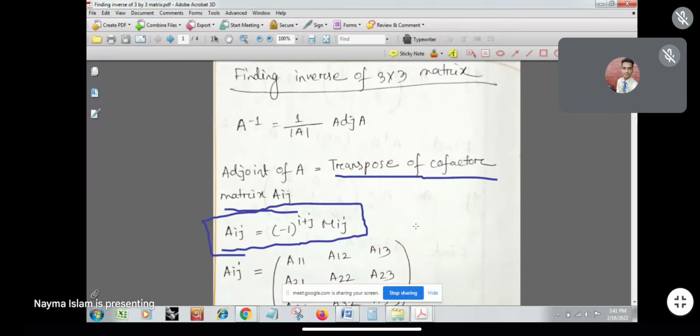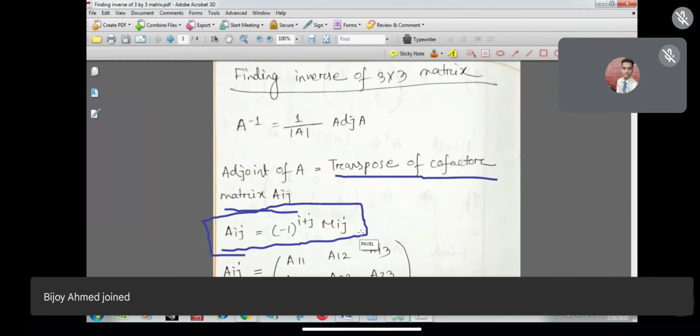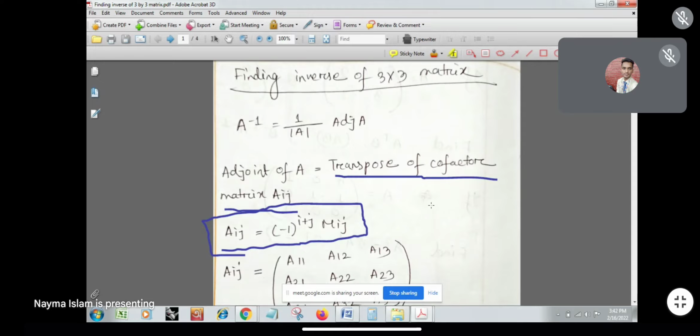Can you say the equation again, ma'am? It's already written here: Aij is equal to minus 1 to the power i plus j, Mij. I'll tell you the meaning later. Just try to remember that.